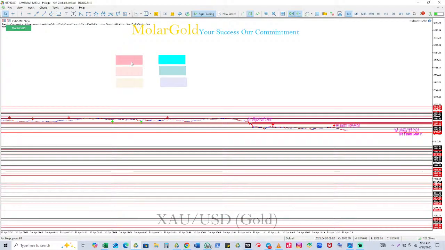If your account size is big enough, you can put in some units inside this zone. You'll get to know how this works. So you put in some units inside this zone. Then you wait for the signal.